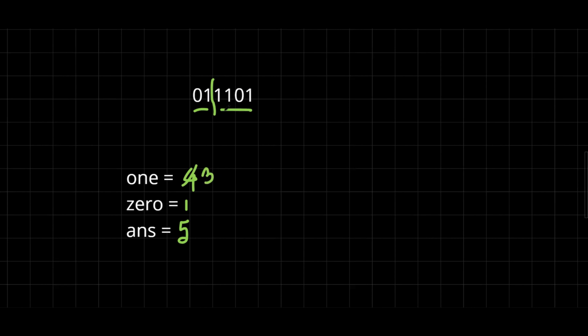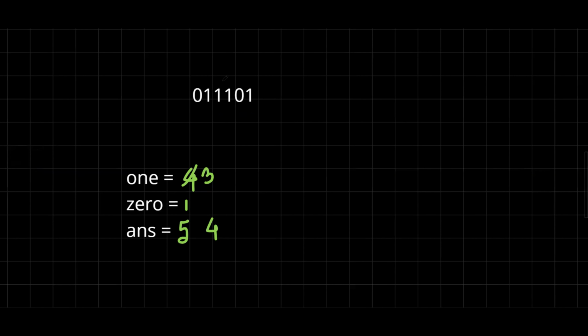Or we can say that in the right part, the number of 1s remaining is 3. But in the left part, the number of 0s is still 1. So the summation will be 3 plus 1, which is 4. So 4 will be the answer if I divide the string here.